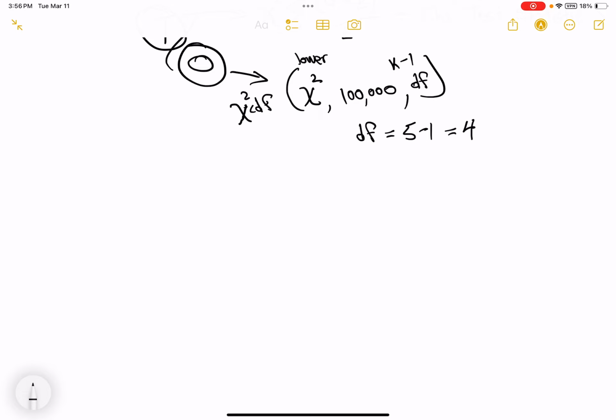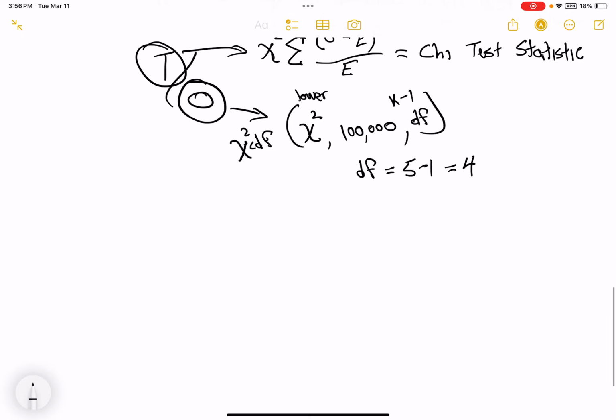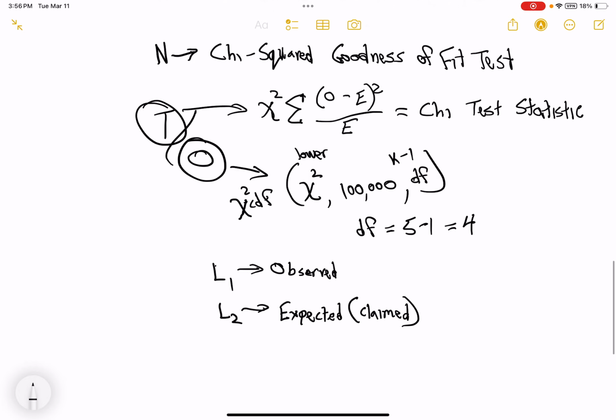And the reason it's 20 for each category is because 20 is 20% of 100. So now we've got L2, and this is for our T still. L1, I would recommend that has your observed. And L2, I would recommend has your expected, right? So expected being the ones claimed. So we have our observed, we have our expected.